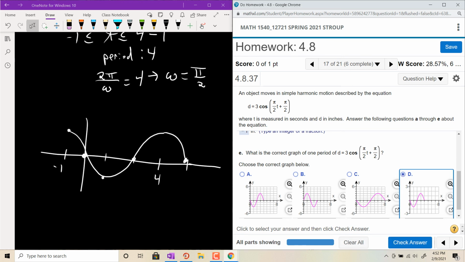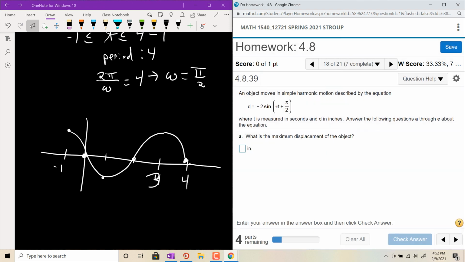That doesn't look right either. It has to go out to 5. Or did I screw that up? Whoops, I can't count. 1, 2, 3. So was this one good? Oh, the amplitude isn't right on part D, so it's part A. And then this is more of the same.